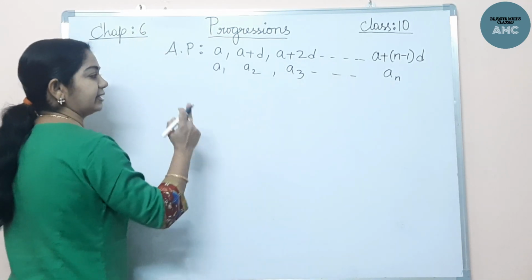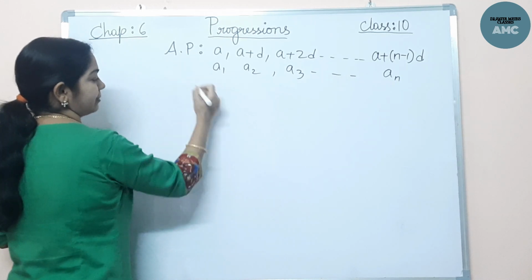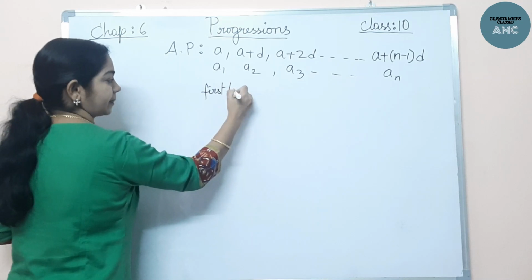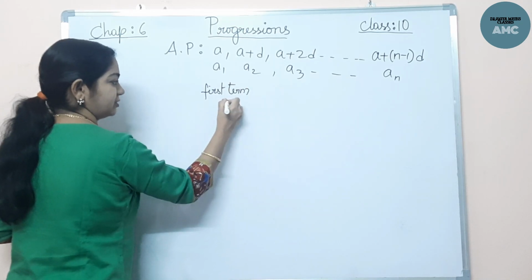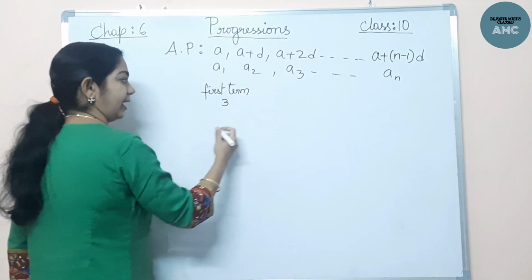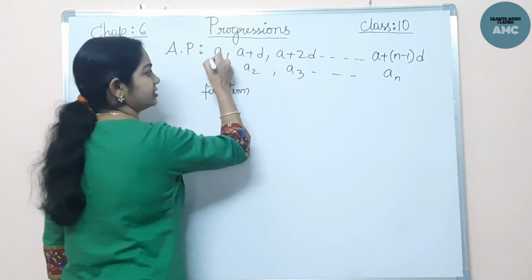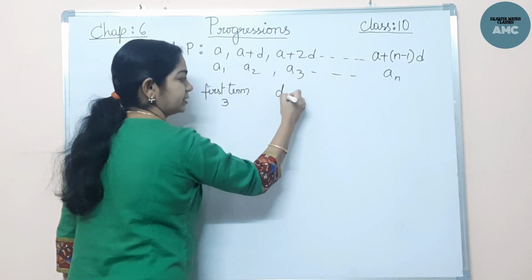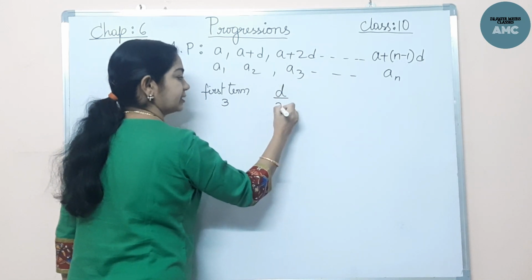Like, if I take an example of an AP, let me take the first term as 3, and the common difference, the difference which is constant throughout the series, let me take as 2.